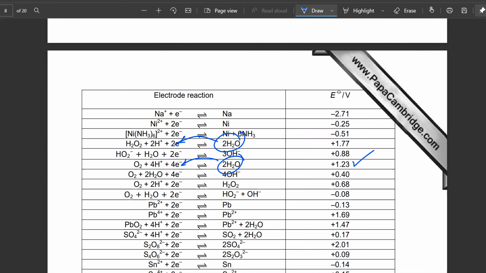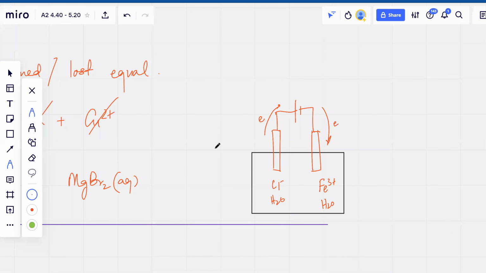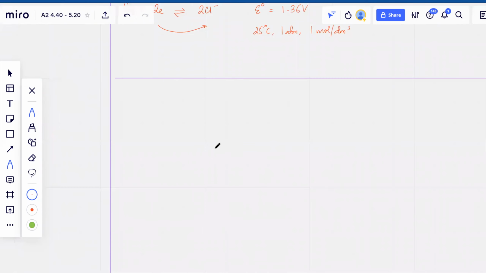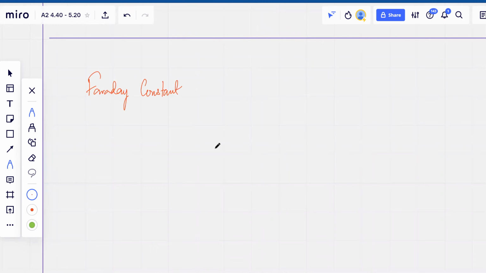Now we're going to quickly do the Faraday constant. It simply means the charge on 1 mole of electrons. That's it, in simple words.